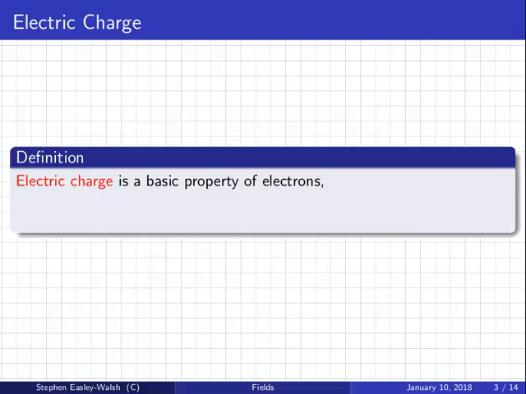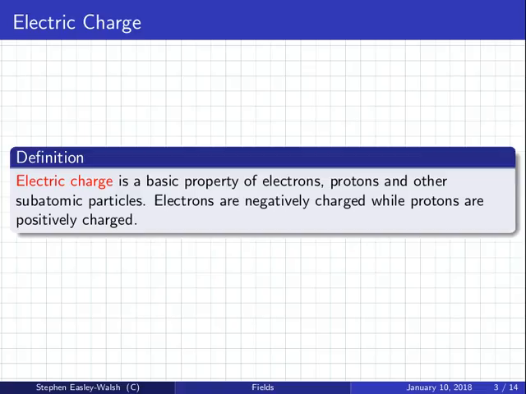Okay, anyways. I suppose this is actually kind of easy because you would have done this in chemistry. You know that an electric charge is a basic property. You don't necessarily have to write this down because I might just be telling you something you know from chemistry that's really obvious. Electric charge is a property of electrons, protons, and other particles. Electrons are negatively charged while protons are positively charged.